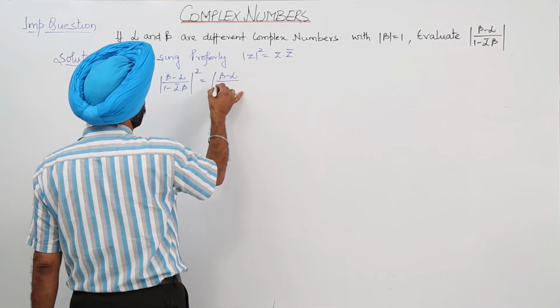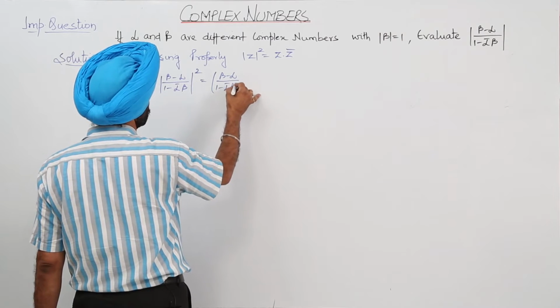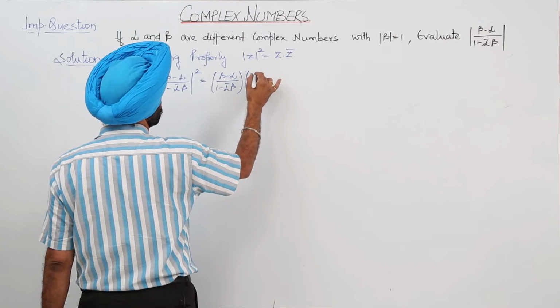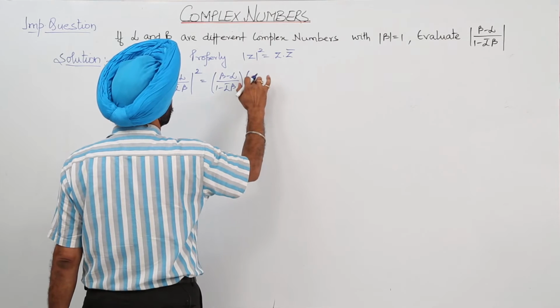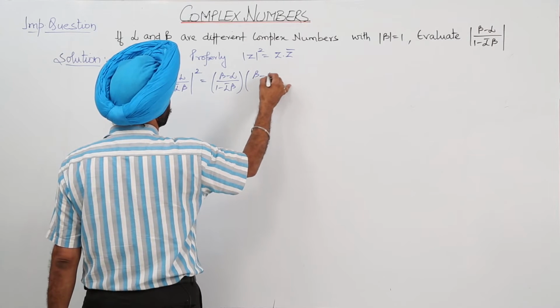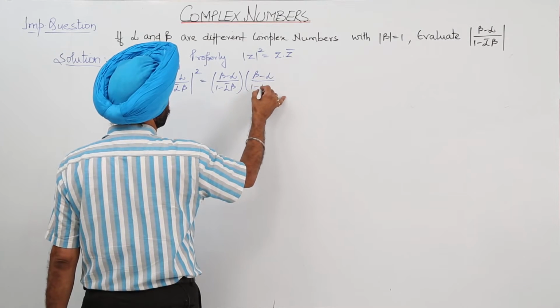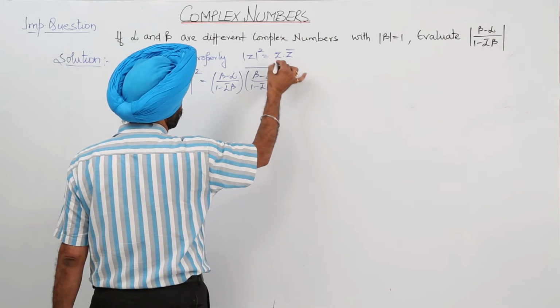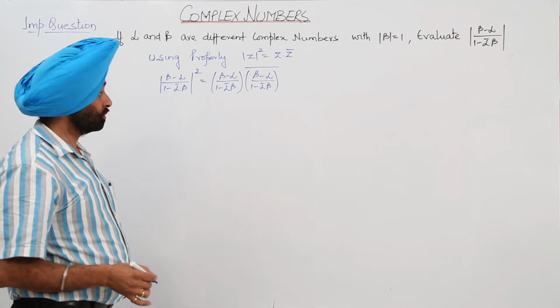(beta minus alpha) upon (1 minus conjugate of alpha times beta) and (beta minus alpha) upon (1 minus conjugate of alpha and beta) and whole of its conjugate. Okay.